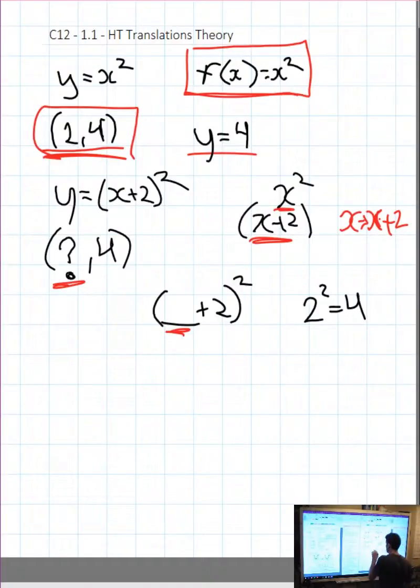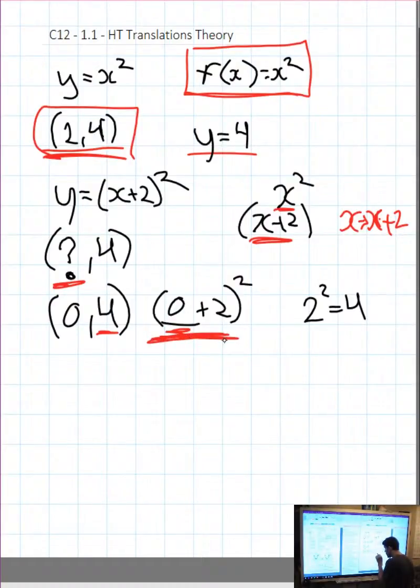Well, 0. So I know the point is (0, 4). Remember, the function does not change. y is equal to 4. What plus 2, all squared, is still equal to 4? Well, 0. So the point used to be (2, 4), and now it's (0, 4).